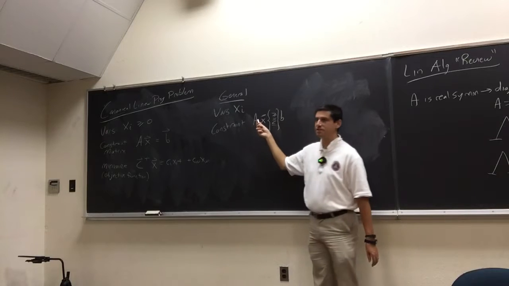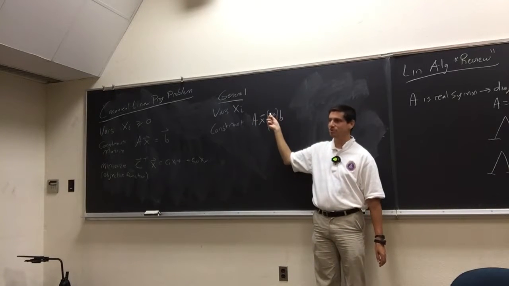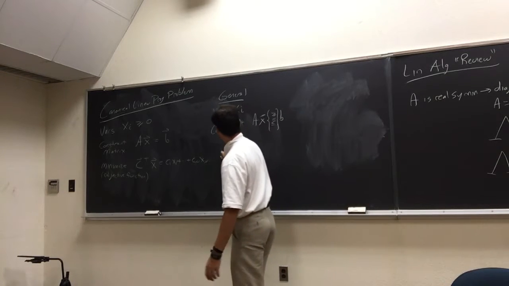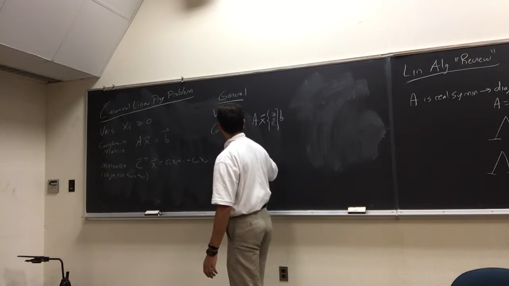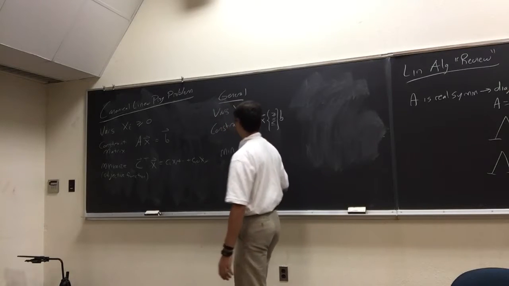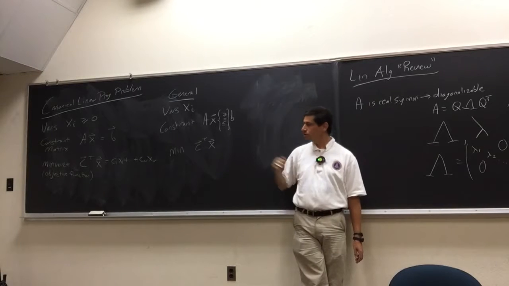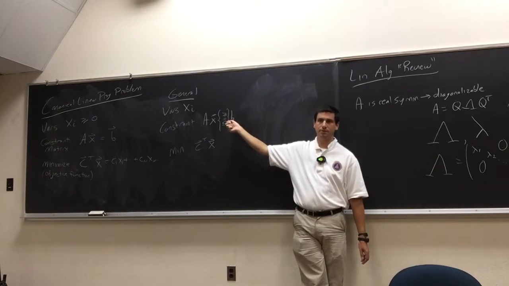And what I'll mean by this is each row is either greater than or equal to, or less than or equal to b. And then I want to minimize c transpose x. Okay, so this is the general form.